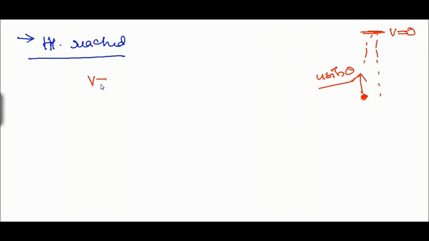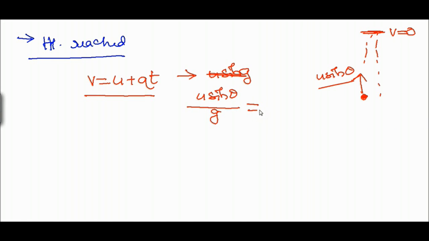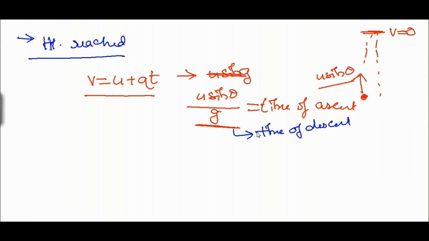So with the equation v = u + at, which was the first formula, we have u sin theta by g equal to the time of ascent, which is exactly half of the total time of flight. This reminds me to tell you that time of ascent is equal to time of descent. It is equally spread.